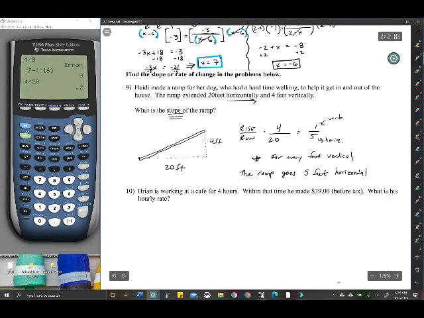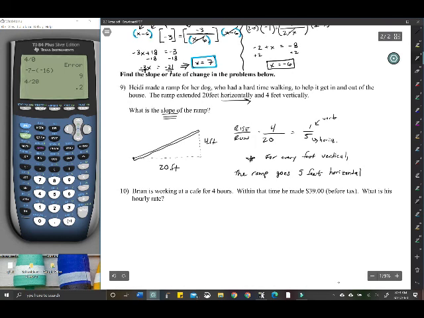Brian is working at the cafe for 4 hours. In that time he made $39 before tax. What is his hourly rate? Okay, so in this case, rate of change again is another way to represent slope. So here is our x value, there's our y. Rate of change, especially with money, is going to be your money earned over your hours.